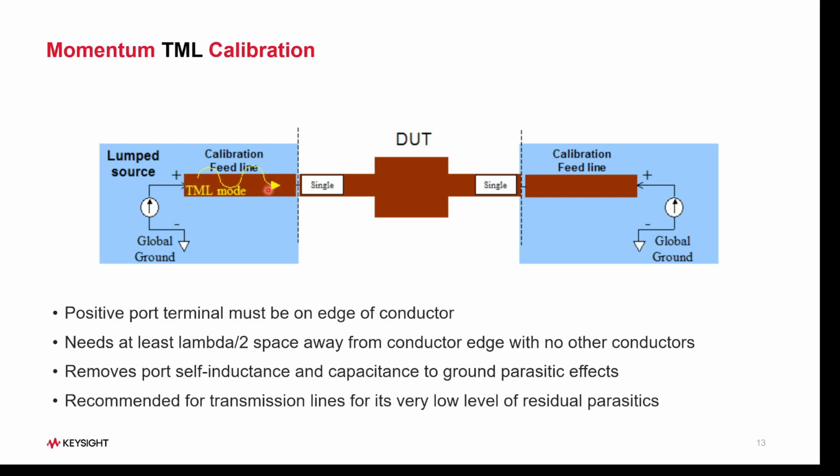This transmission line is calculated and then its effects are de-embedded from the results of the simulation, which effectively removes the port self-inductance and the capacitance to ground parasitic effects that we discussed earlier. This is recommended for transmission lines, as it has a very low level of residual parasitics. It's a very high quality port, as close as it gets to ideal behavior.